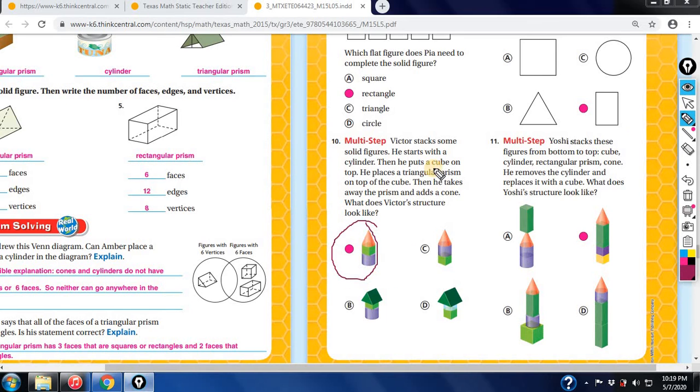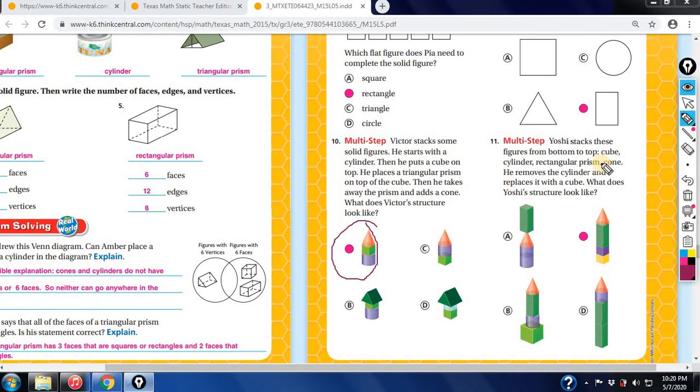This is the key right here. He takes away the prism. So it's only the what? It's only the cylinder and the cube, and then the cone there, not a triangular prism there.